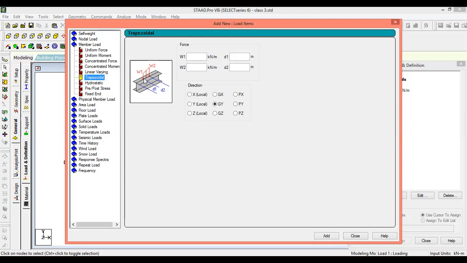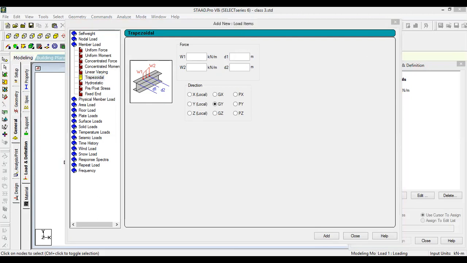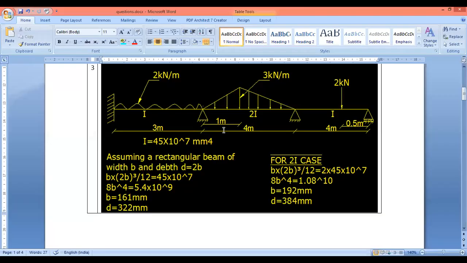Here what you should do is, if you look at the problem again, you can observe here, from here to here it is 1 meter, and here the force is 0, and at 1 meter the force is 3 kilonewton per meter.